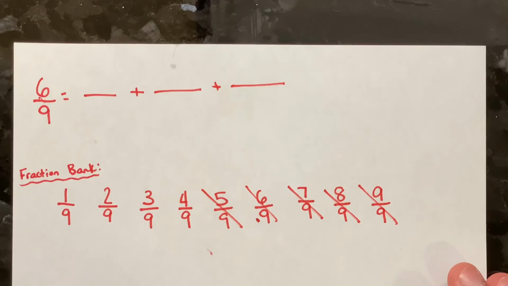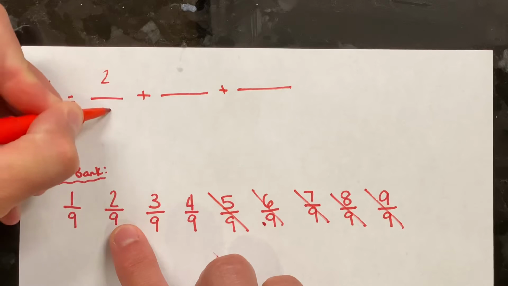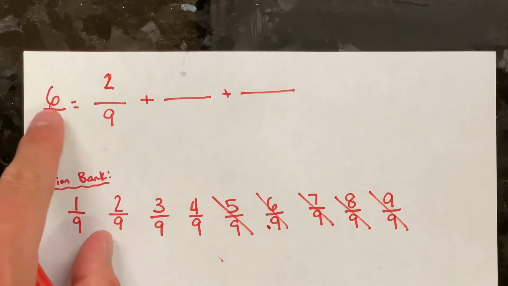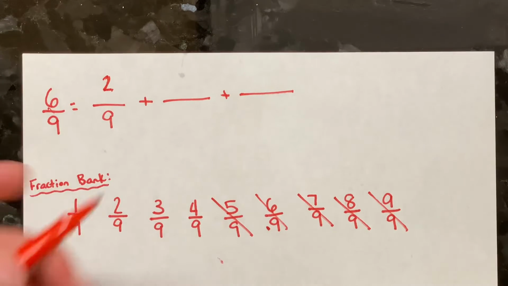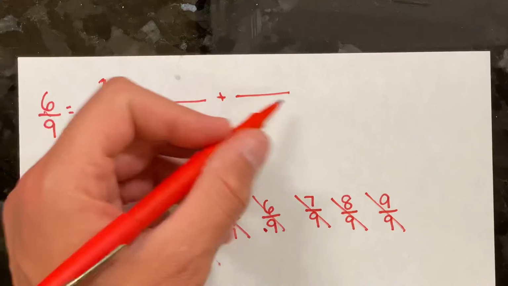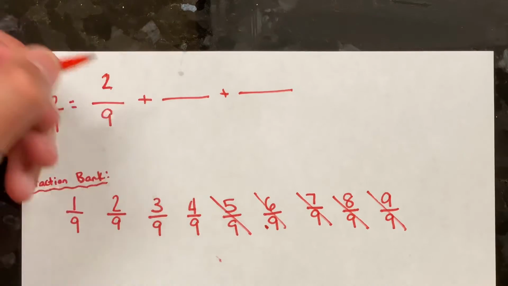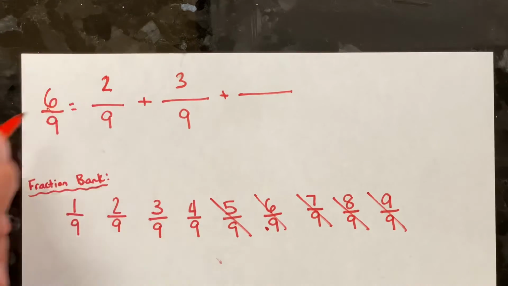But let's take a look at what I can do. I could totally put down 2/9. 2/9 so far, and I still have to get, well, let's see, 6 minus 2 is 4. I could do 4/9. No, because that wouldn't work for me. Well, hey, I could do 3/9. 2 plus 3 is 5.